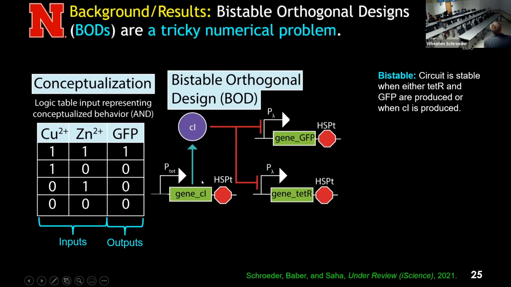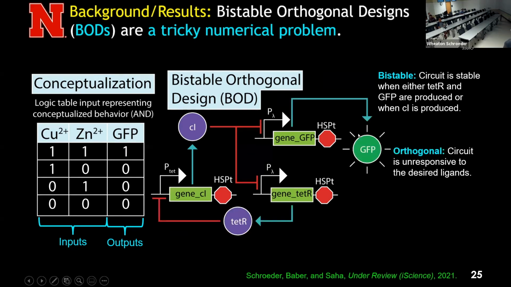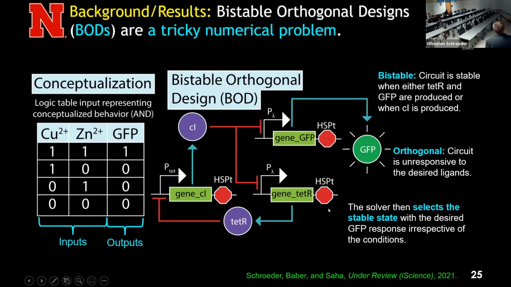The second distinct stable state will be when CI is produced and turning off the expression of both TET-R and GFP. So it's bistable. The second characteristic of these solutions is that they're orthogonal. So they're unresponsive to the circuit inputs that we want the circuit to respond to. So as we can see in this particular design, there was no responding biopart to these particular heavy metal ions.